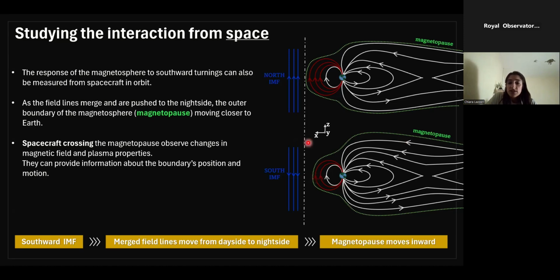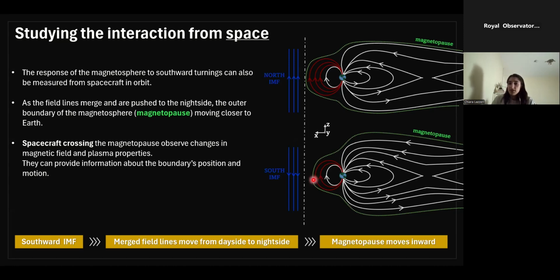Under quiet conditions, the magnetopause is usually at 10 Earth radii from the Earth's surface. And an Earth radius, just for context, is 6,371 kilometers. After long periods of southward IMF, the magnetopause boundary can get down to 6 Earth radii.